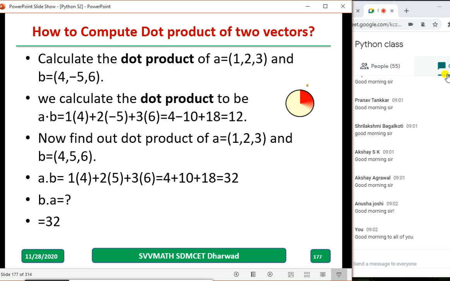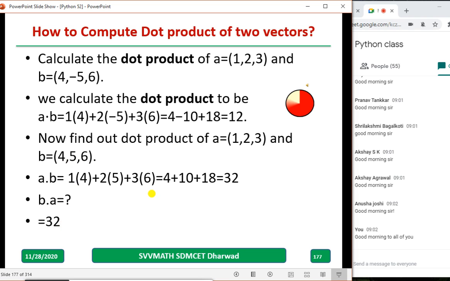Dot product of a and b, a equal to 1, 2, 3, b equal to 4, 5, 6, and I take a into b, I'll get 32.